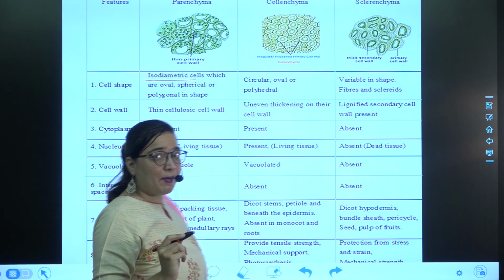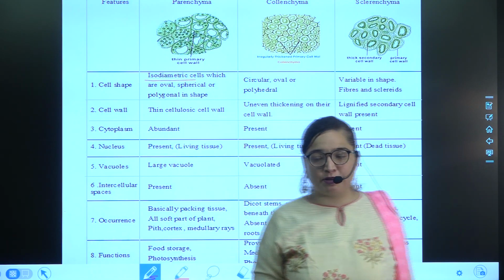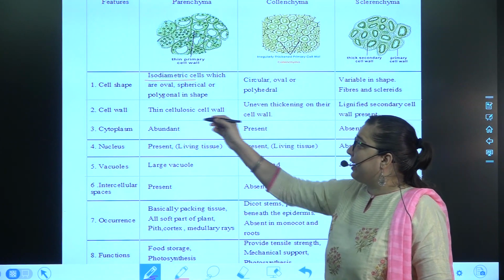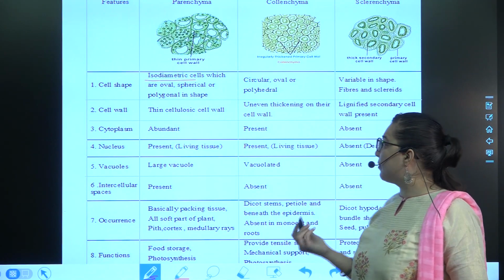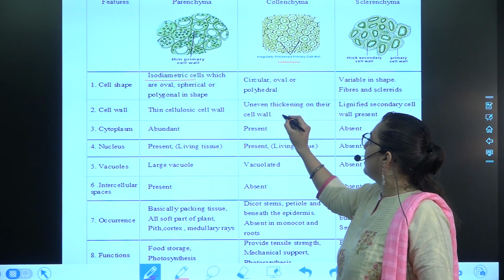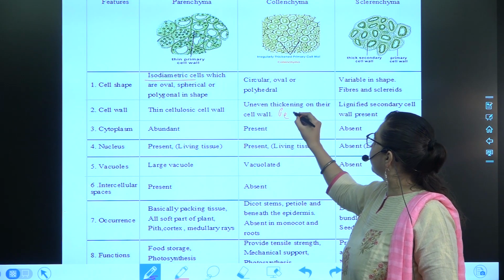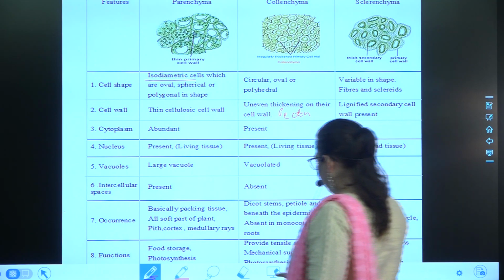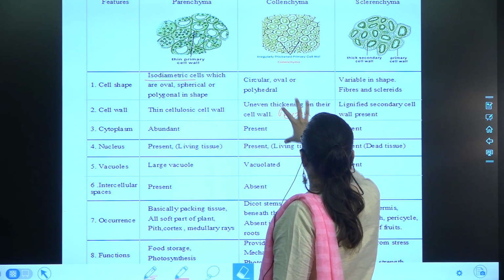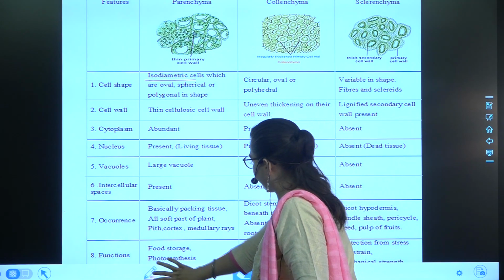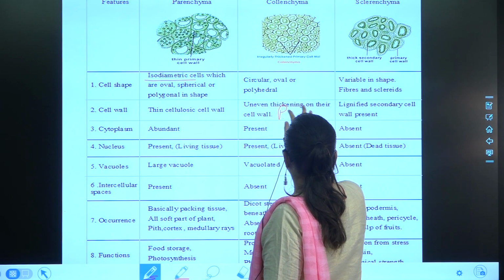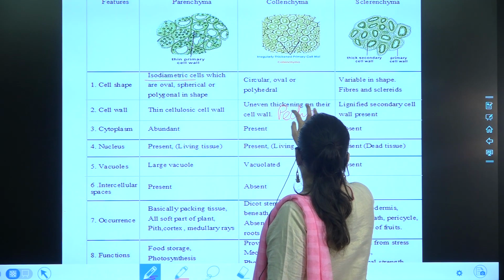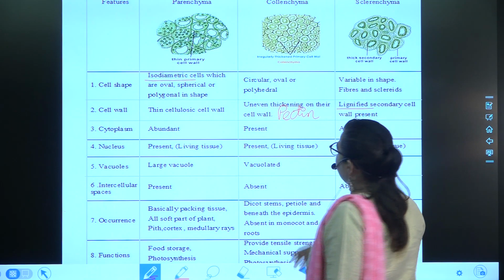Iso means same, diametric means having similar diameters. Then comes the cell wall, it is made up of cellulose, while here it is pectin, here it is lignin.